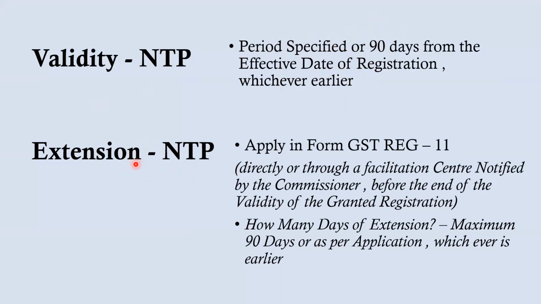So for that particular purpose, he is supposed to apply again, in the form GST REG 11, directly or through a facilitation center notified by the commissioner, taking note that he must start applying before the end of the validity which is granted for the registration for him to stay over here.